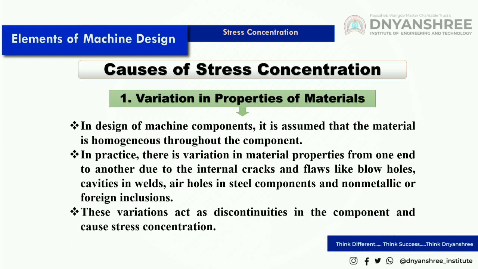These variations act as discontinuities in the component and cause stress concentration. Where there are weak mechanical properties at a section, stress concentration is there, and where there is stress concentration, failure of material takes place at that section.